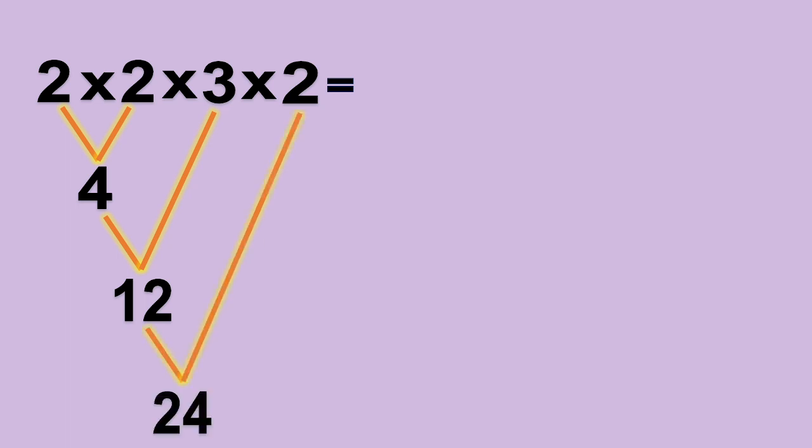2 times 2 times 3 times 2. 2 times 2 is equal to 4. 4 times 3 is equal to 12. 12 times 2 is equal to 24.